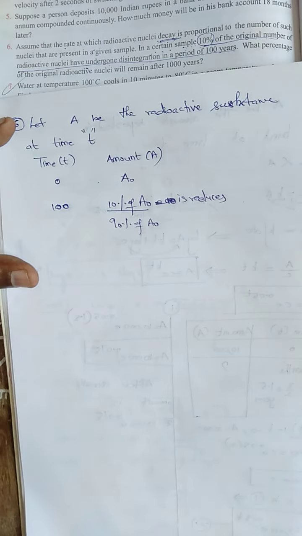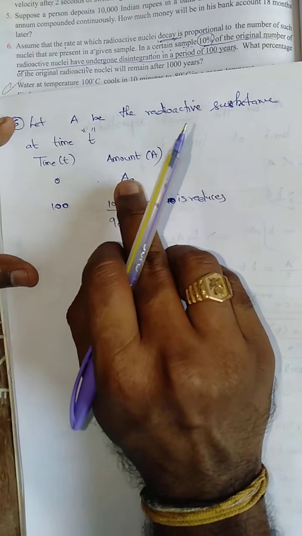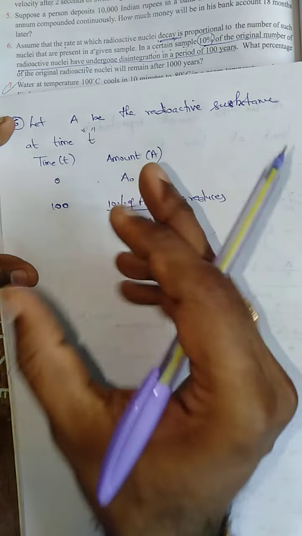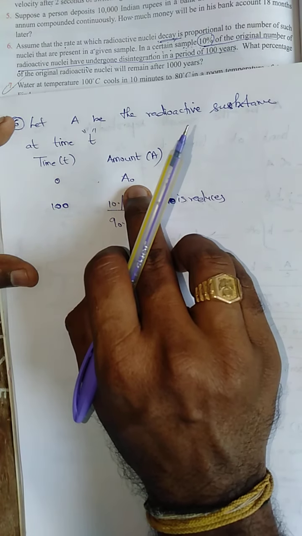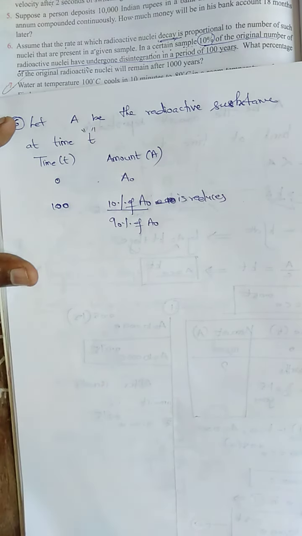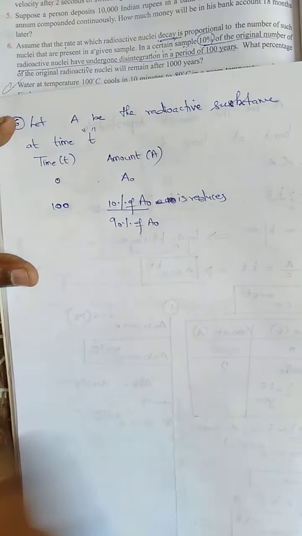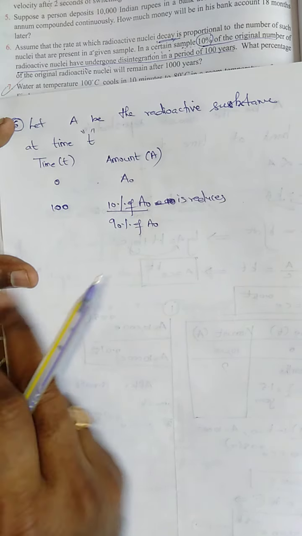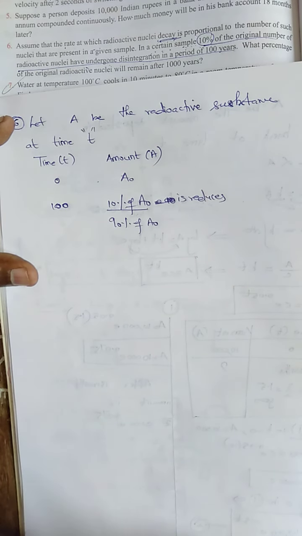Listen very carefully. If I place A0 amount, after 100 years, 10% of A0 is reduced. So after 100 years, what percent of A0 is present? 90% of A0 is present, because 10% of A0 vanishes.